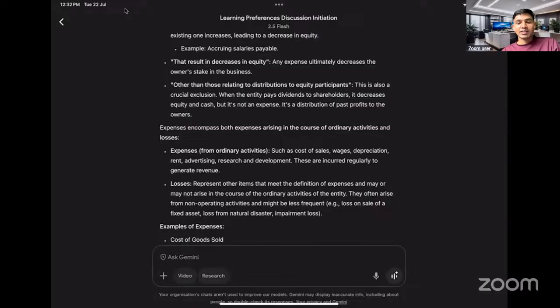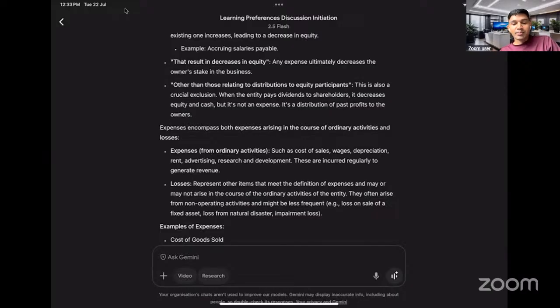Expenses encompass both expenses arising in the course of ordinary activities and losses. Expenses from ordinary activities such as cost of sales, wages, depreciation, rent, advertising, research and development, these are incurred regularly to generate revenue, whereas losses represent other items that meet the definition of expenses and may or may not arise in the course of ordinary activities of the entity.